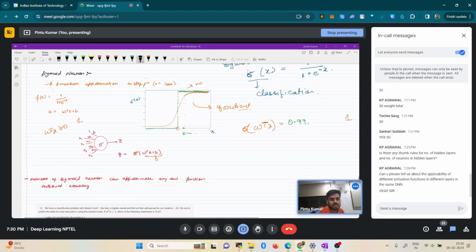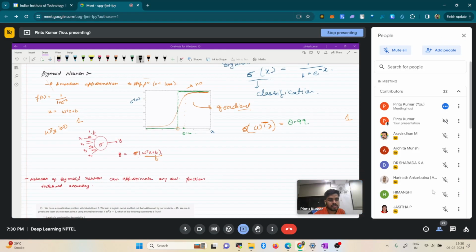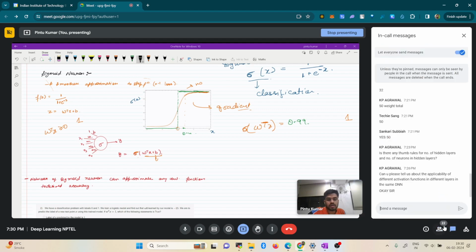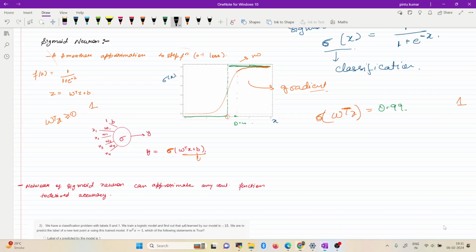Can you please tell, on the x-axis, this point is b or minus b, the center point? So this point is 0 over here. Right now I have just plotted phi of x, that is 1 over 1 plus e to the power minus x, so this point is 0 only.